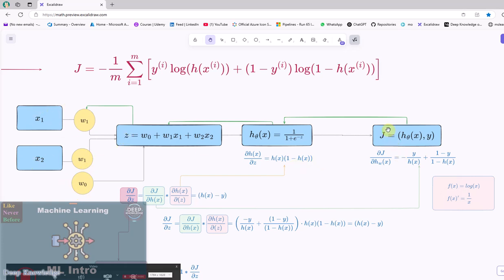So now we need to update these weights W1, W2, and W0. Please make sure that we only update the weights. The data here are fixed, so it's not allowed to update the data. We only need to update the variables, the coefficients.